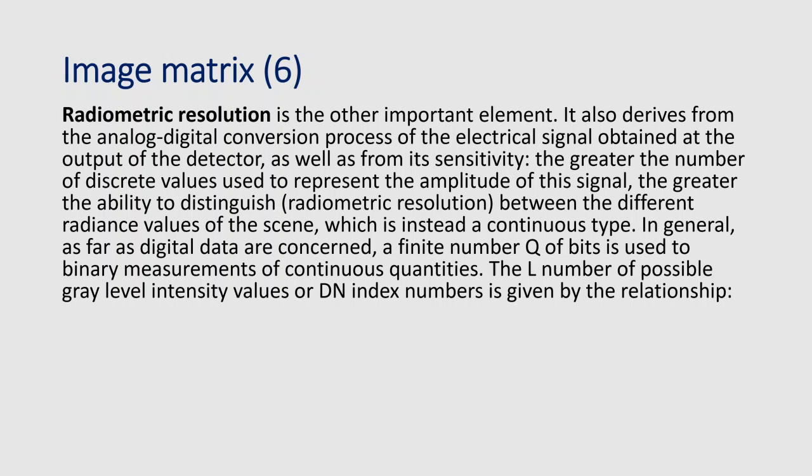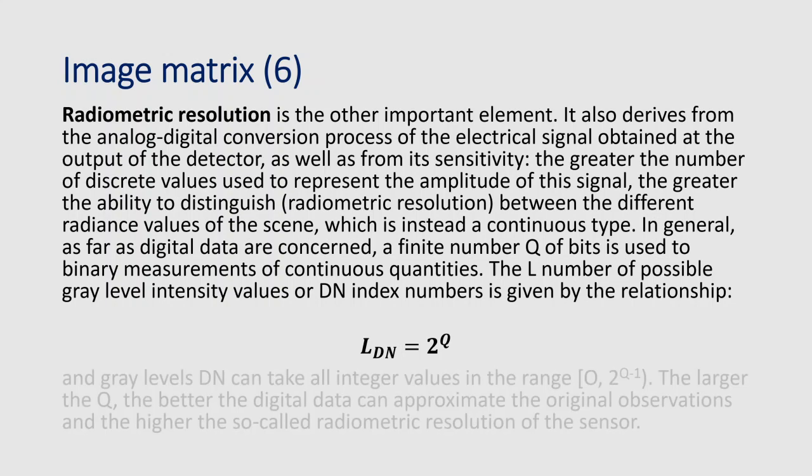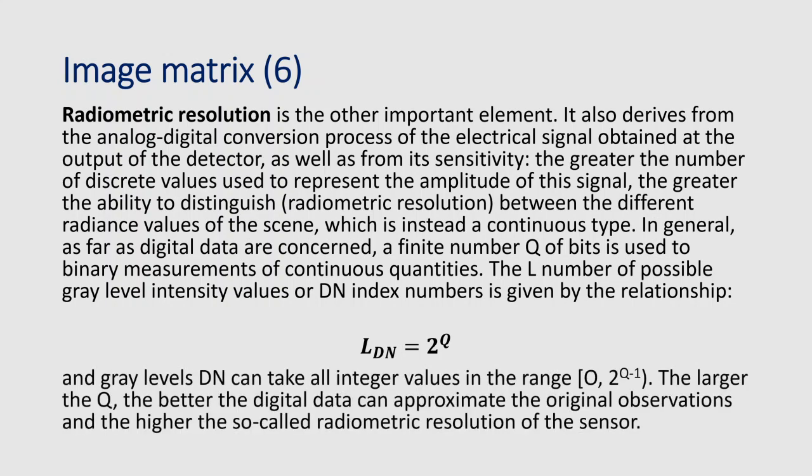In general, as far as digital data are concerned, a finite number Q of bits is used to binary encode measurements of continuous quantities. The number L of possible gray level intensity values, or DN, digital number index numbers, is given by this simple relationship, where, of course, the gray levels DN can take all integer values in the range from 0 to L minus 1.